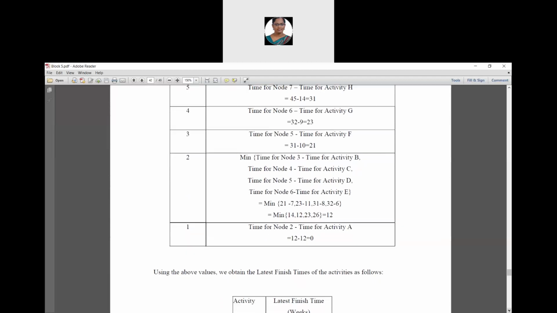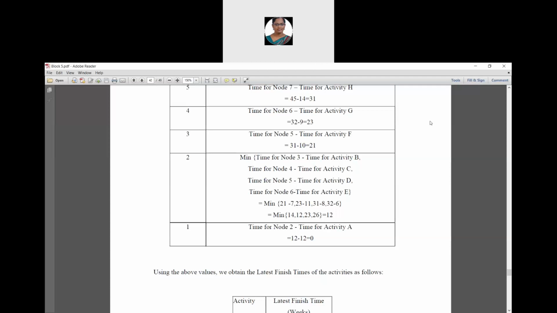Then for node 4, latest finish value for node 6 minus time duration for activity G. It is 32 minus 9 is 23. Then for node 3, it is 31 minus 10, it is 21.